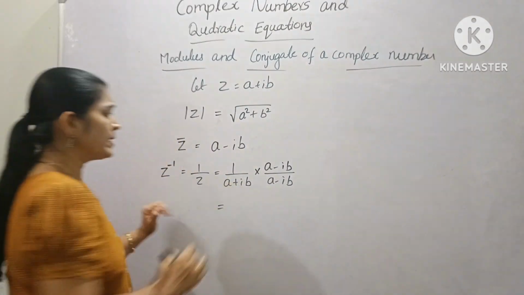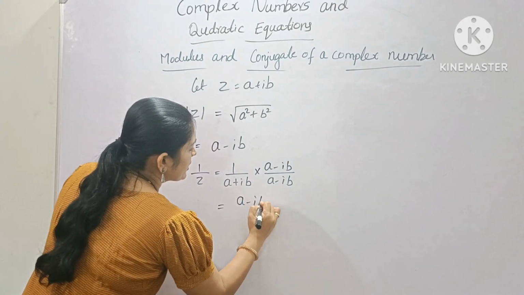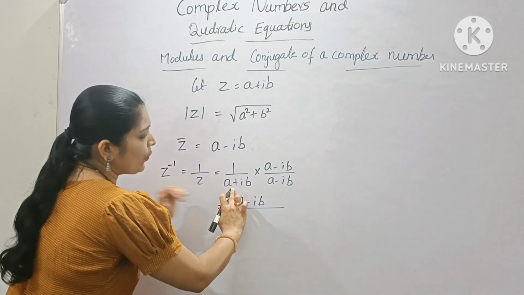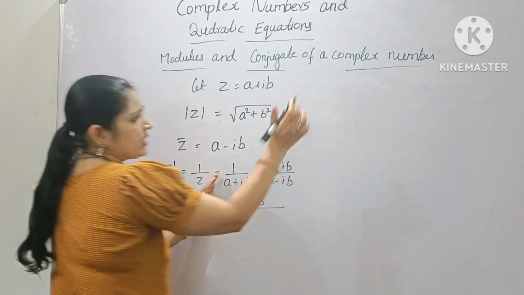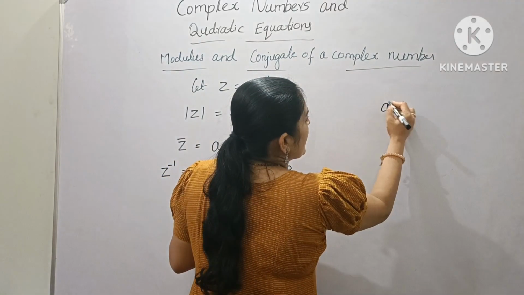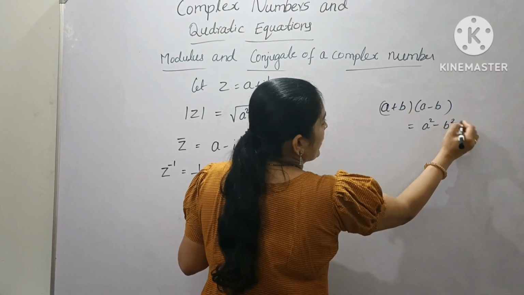Now simplify this one. 1 into a minus ib itself divided by, now it is of the form a plus b into a minus b. What is a plus b into a minus b? a square minus b square, right?